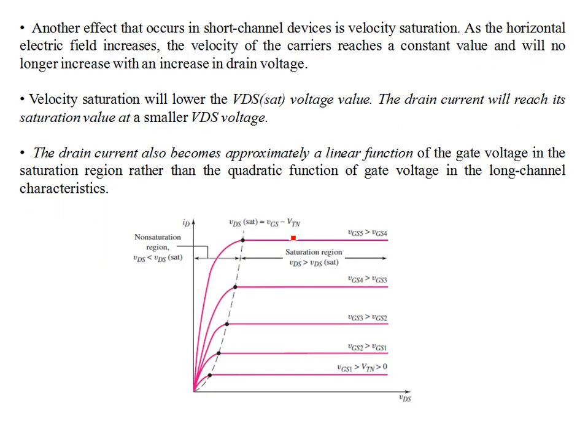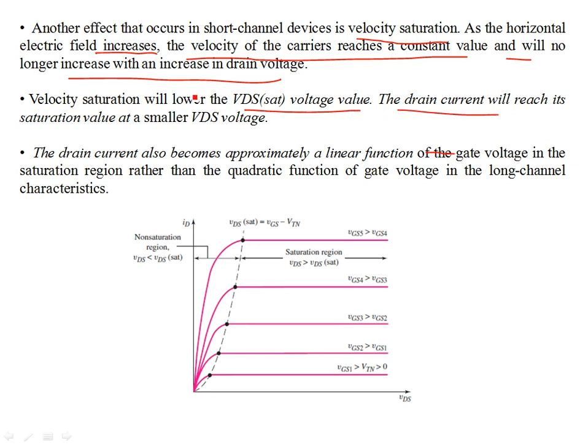Similarly, another effect that occurs in short channel devices is velocity saturation. As the horizontal electric field increases, the velocity of the carriers reaches a constant value and will no longer increase with an increasing drain voltage. That means your VDS saturation is going to decrease, so the drain current will reach its saturation value at a smaller VDS.